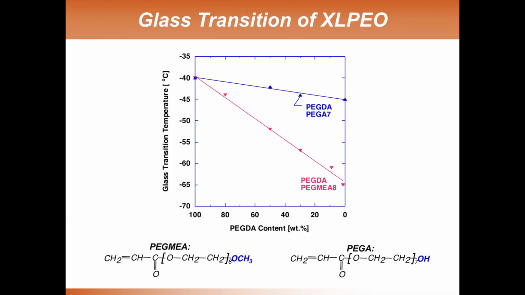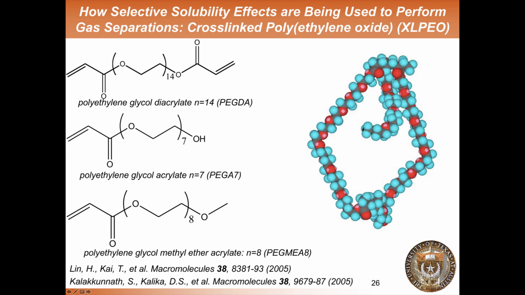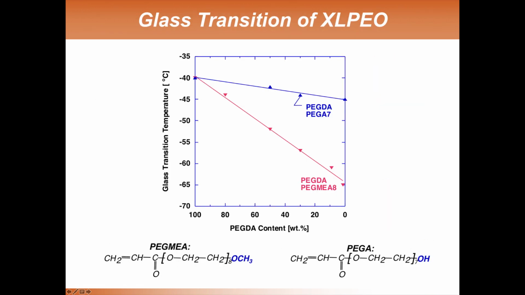And so these materials are all rubbery materials, meaning they're flexible at room temperature, and their glass transition is below room temperature. If you start with just the PEG diacrylate, which is the cross-linker, you can make it into a network polymer.